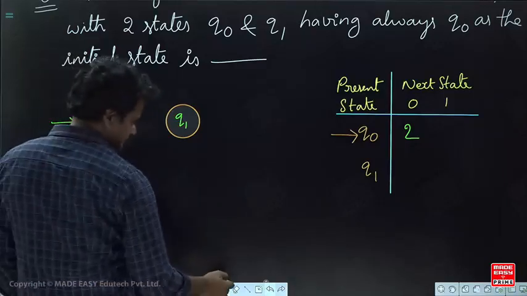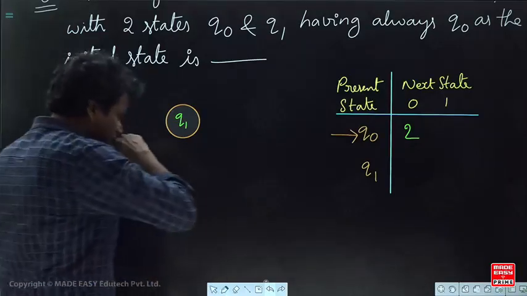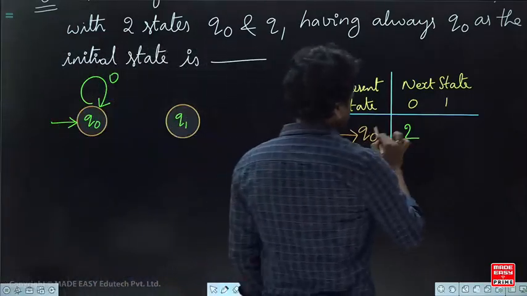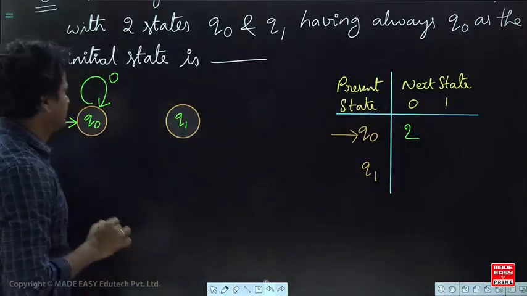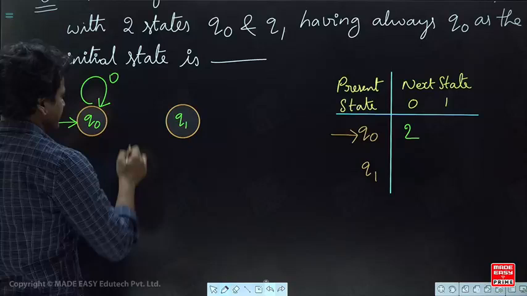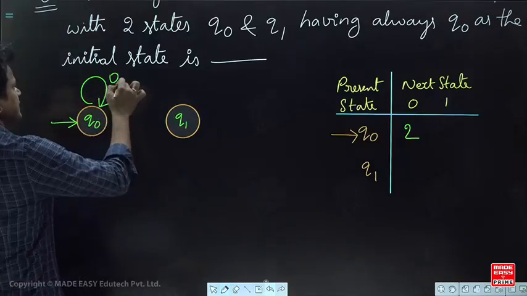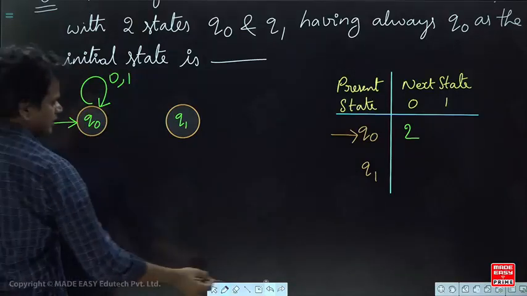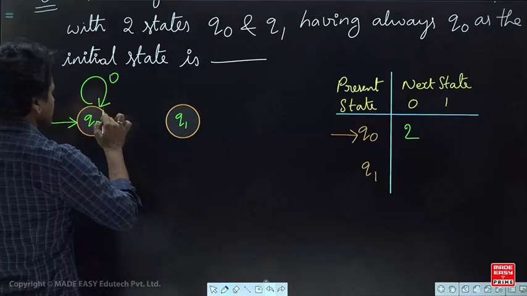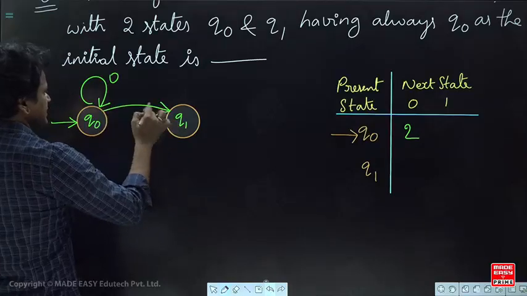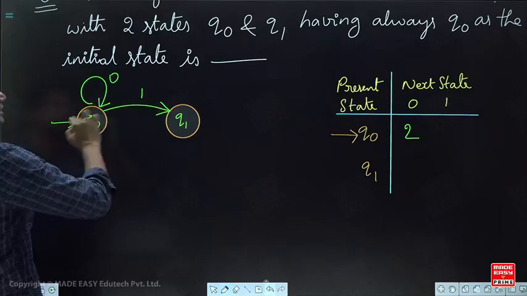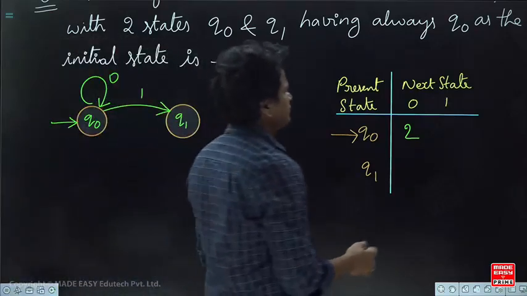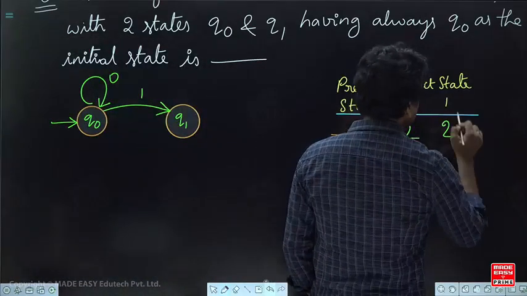Now what is a DFA? Every state must be defined for every input. So Q naught on 0 we have defined. Q naught on 1 I want to define. You can define it either as Q naught on 1 to Q naught, or Q naught on 1 to Q1. Again two ways.